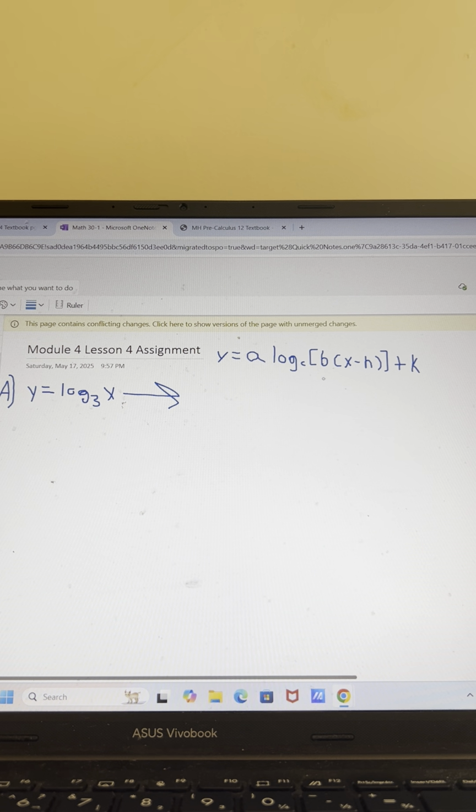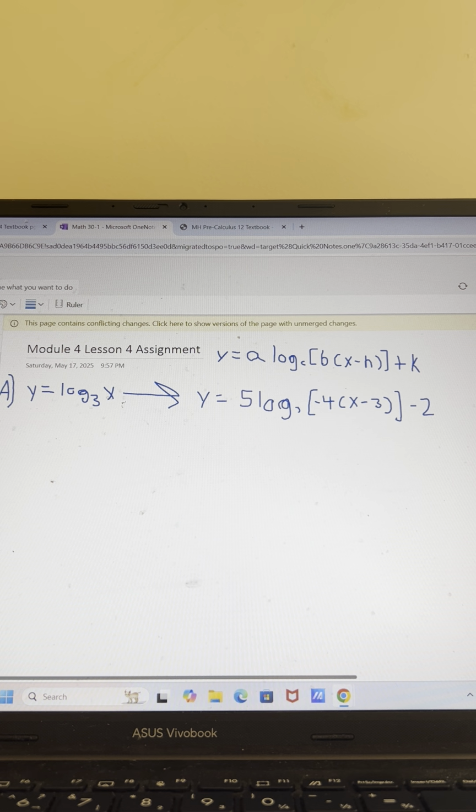And if there's negatives, we know that's reflections, if there's negative coefficients at A and B. So y is equal to 5 log of negative 4 times x minus 3, minus 2.